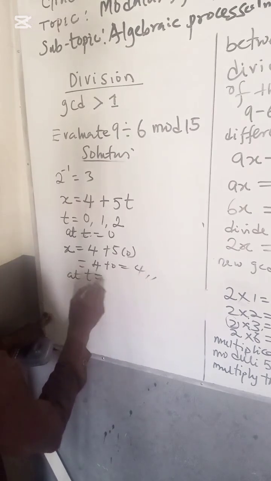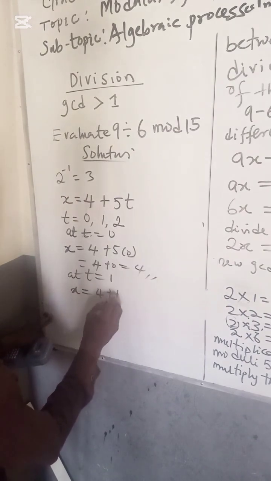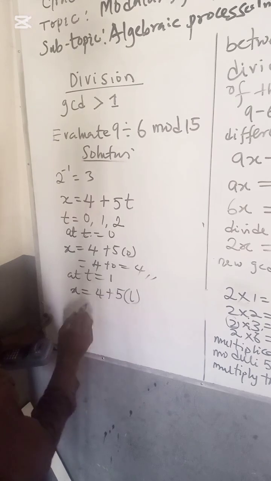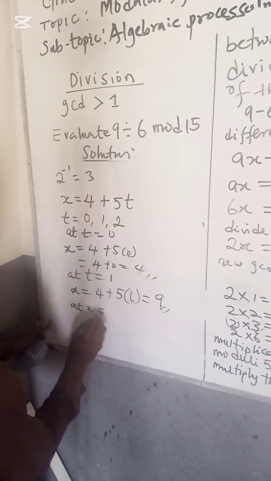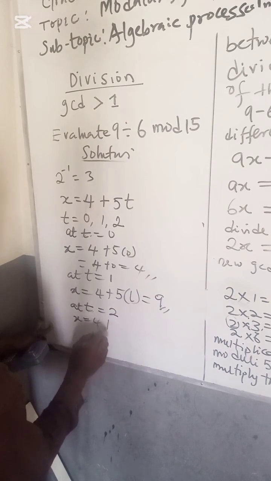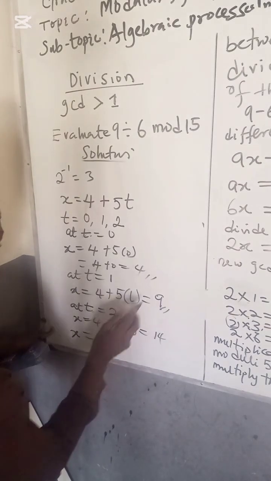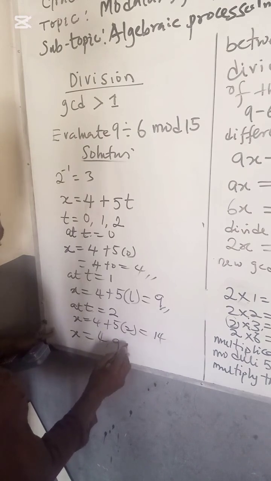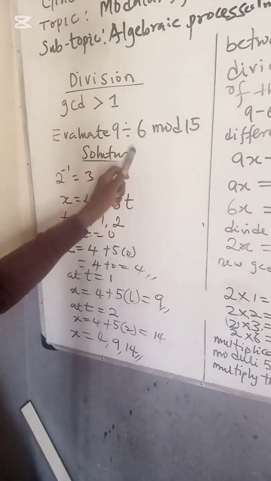At t equal to 1, x equals 4 plus 5, which is 9. At t equal to 2, x equals 4 plus 5 times 2, which is 10 plus 4, 14. So x equals 4, 9, 14. This is the solution to this single question.